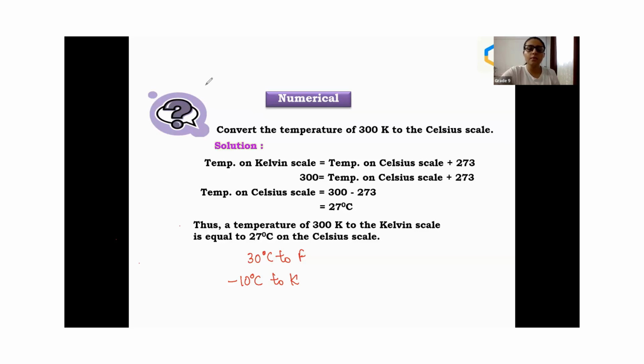What is the answer? Anybody got it? My answer is 263.50. What is the unit? Ma'am, Kelvin. Okay, so Abhay says 263 Kelvin.